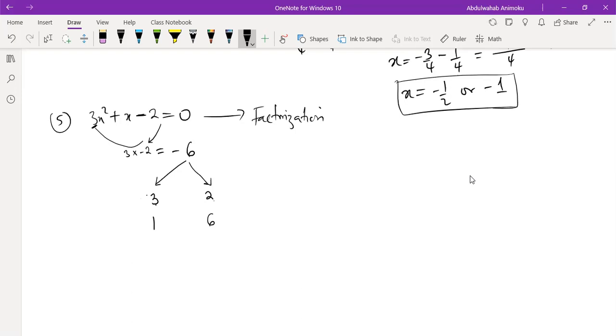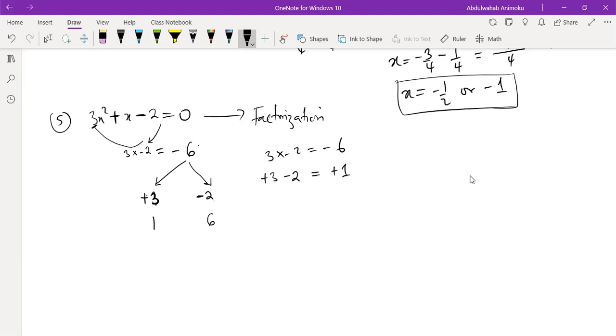Since the sign here is positive, it means the positive one must be the higher number, right? So therefore, we'll put plus here and we'll put minus here. Now, think about it. When you now multiply these two, you have minus 6. So 3 times minus 2, I'll get minus 6. When I add them, plus 3 minus 2, I'll get plus 1. So it satisfies the conditions that we are looking for.